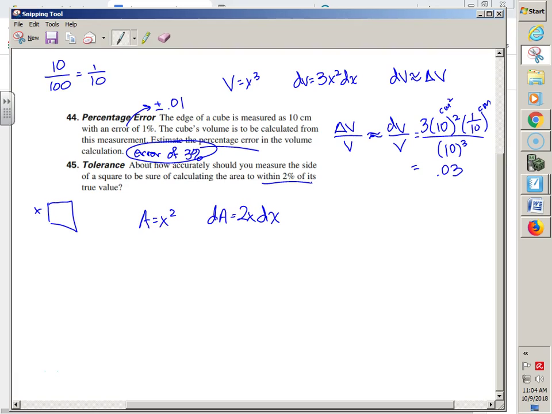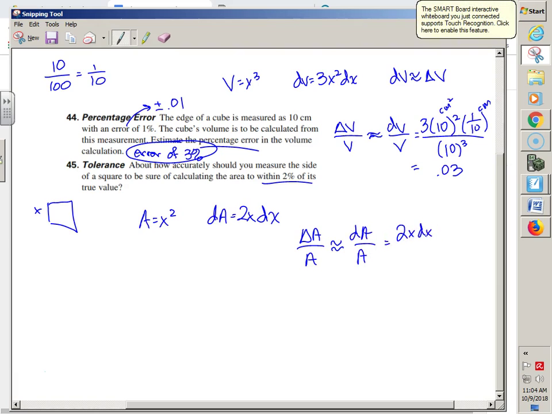So from this, we could say that the delta A over A is approximately dA over A, which is 2x dx all over. So what am I going to fill in for area? Formula. Just x squared. Does that make sense? So like we did, volume up above was x cubed. Area down below, x squared. And then they told me what that needs to be, right? 2%?